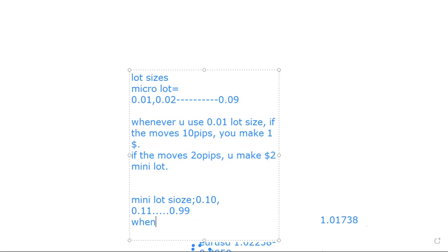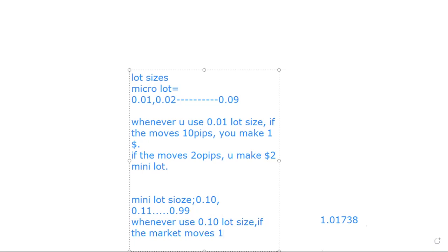Whenever you use 0.10 lot size to trade, if the market moves 10 pips, how many dollars do you make? $10. Good, great. You make $10. Maybe you could also be losing $10. Always remember.